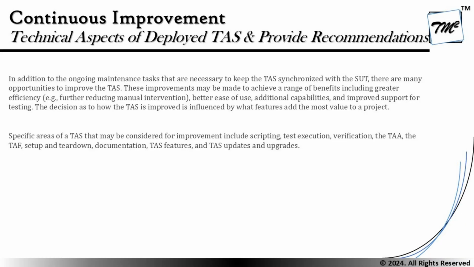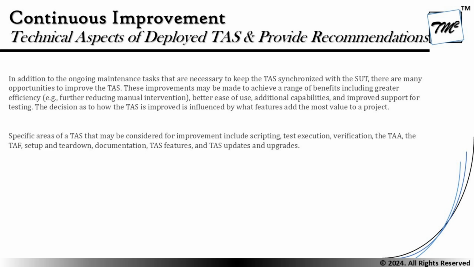The very first segment is a small introduction right here. That is, in addition to ongoing maintenance tasks that are necessary to keep the TAS synchronized with the SUT, there are indeed many opportunities to improve the TAS as well. These improvements may be made to achieve a range of benefits, including greater efficiency or better ease of use, additional capabilities, and certainly improved support for testing.